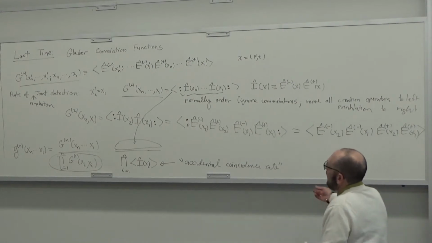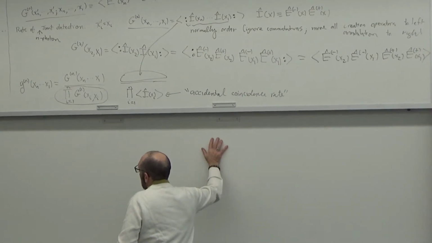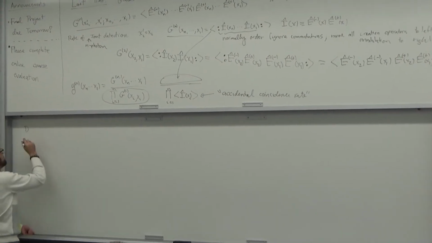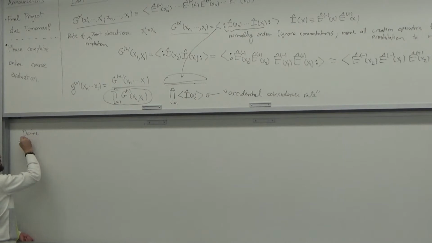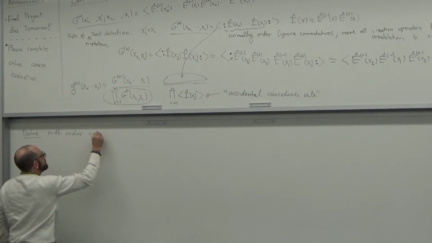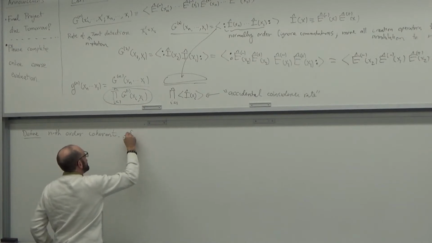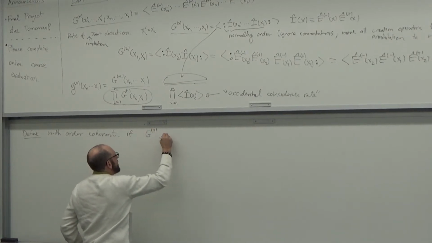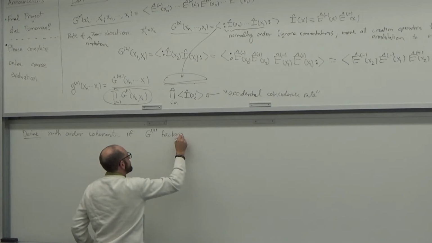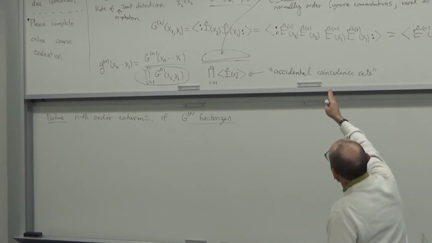Now, by definition, as Glauber did, we define a field to be nth order coherent if Gn factorizes into some function of each of those variables.